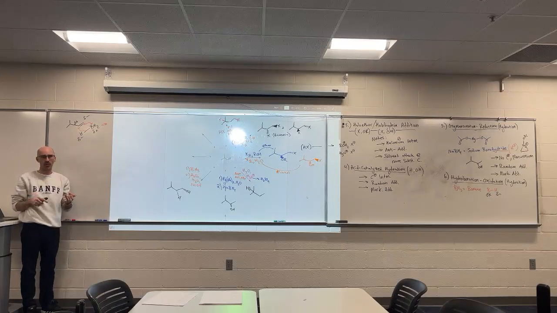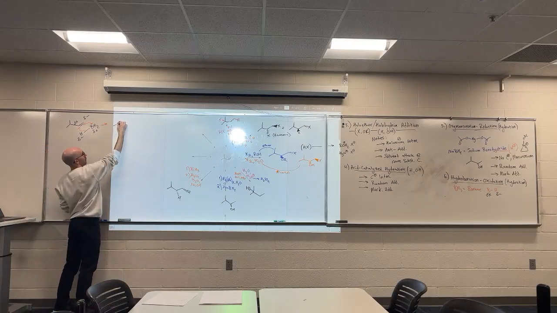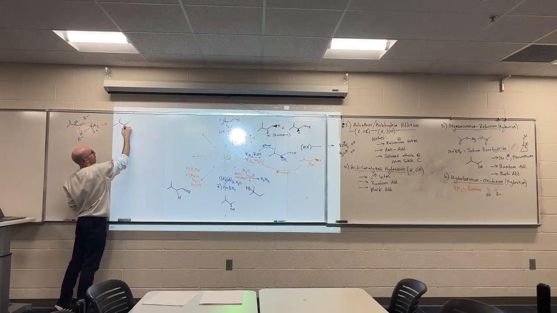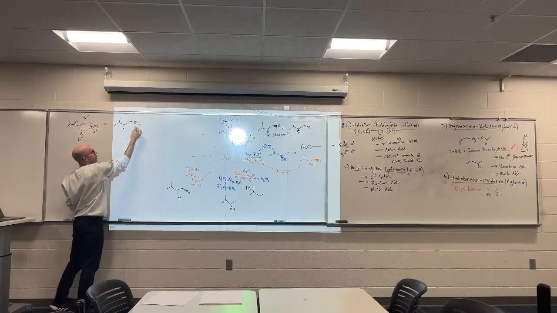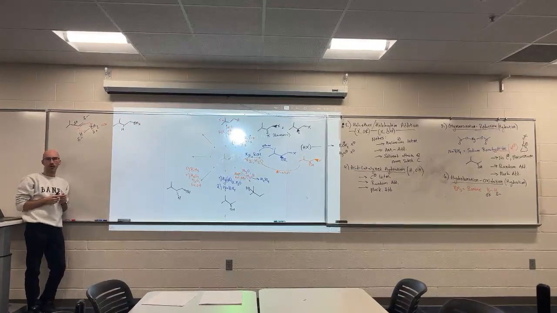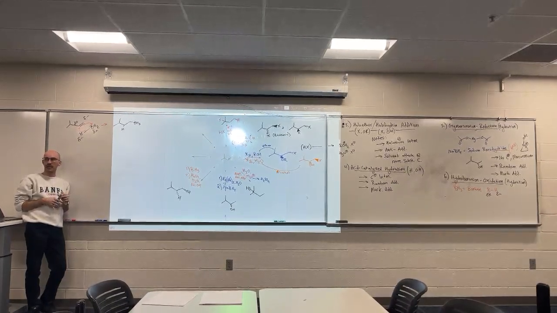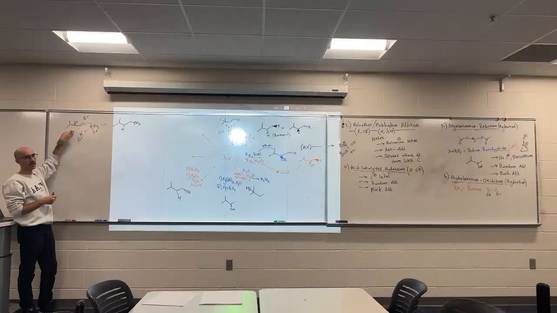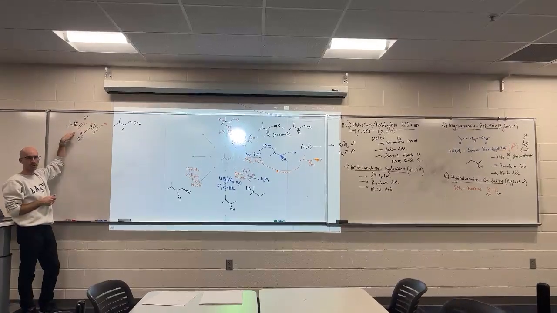It's not the mercuronium intermediate, but it's also not a carbocation. We just get a borane structure. Boron connected to the carbon. And the regiochemistry is all validated by the partial charge lineup.